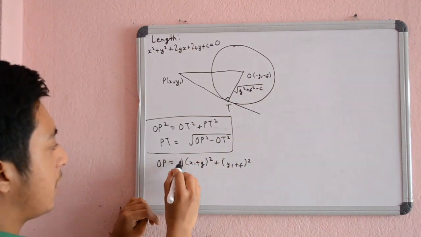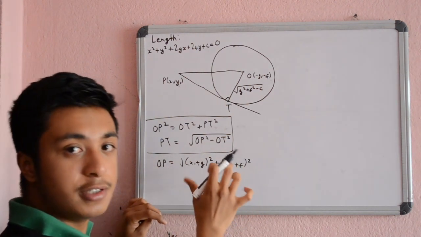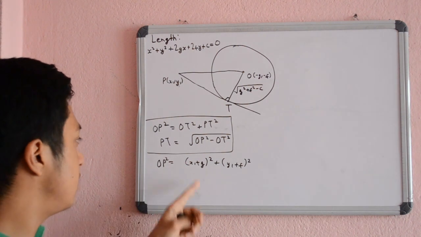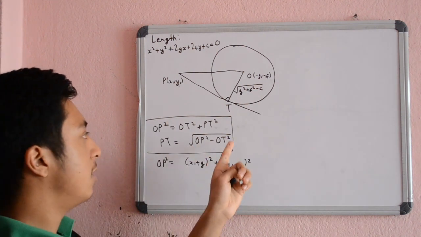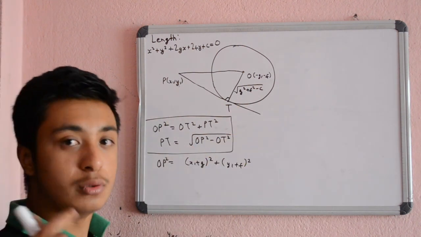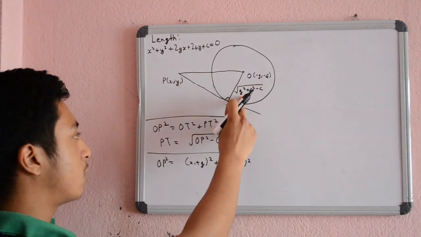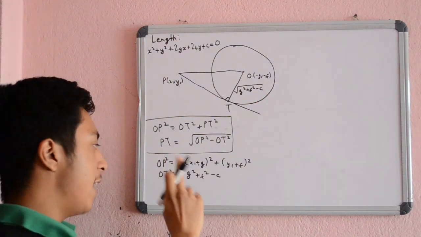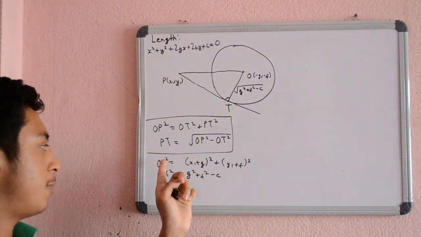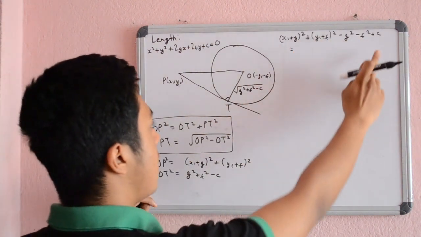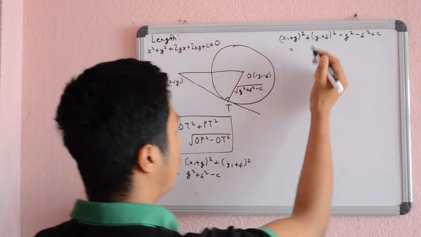Now this will be root under all of this, but when you square both sides, the root will cancel, giving this. And for OT square, here you don't have to do anything because you already know the distance. It is just g square plus f square minus c, like this. And just subtract those equations and you'll have this. And let's just open these whole squares.